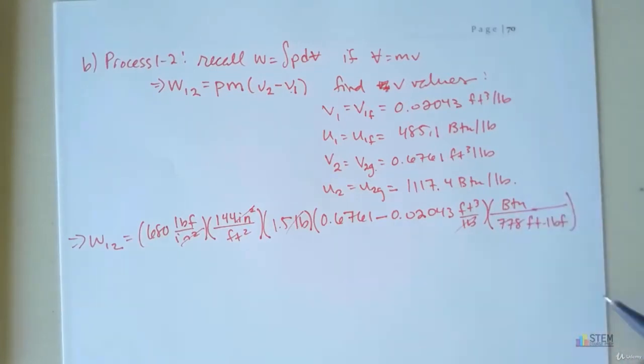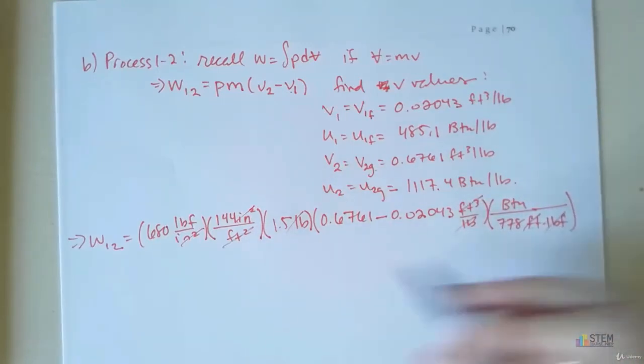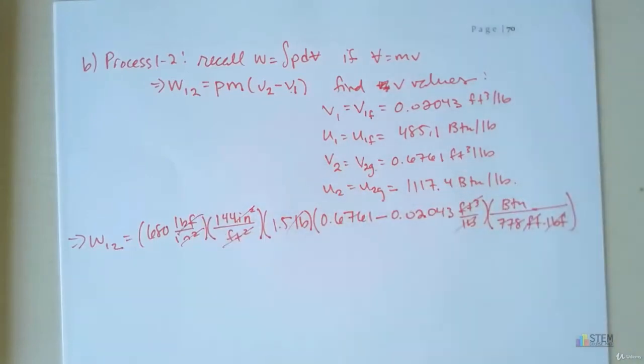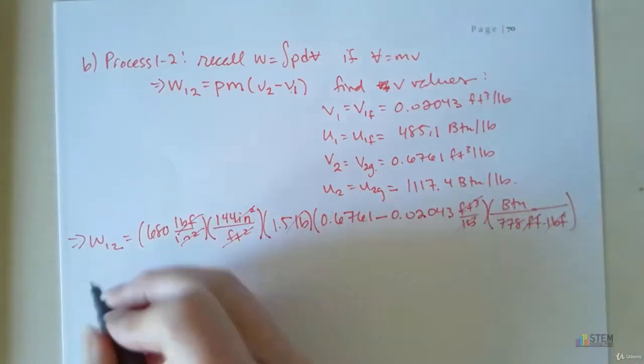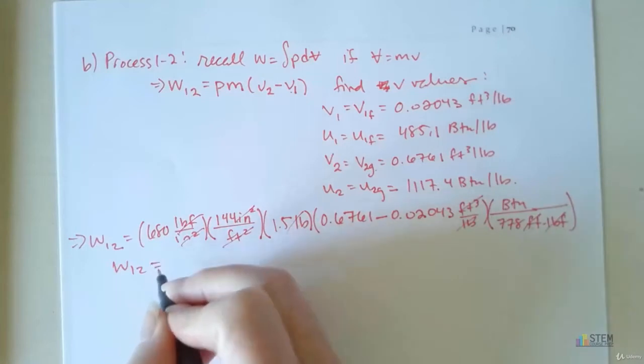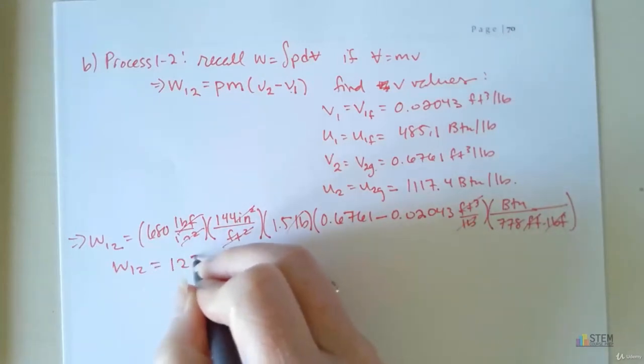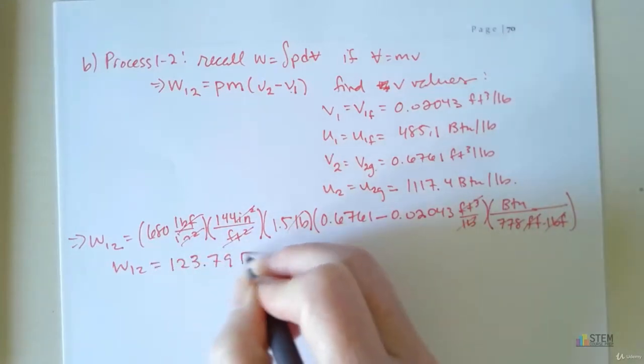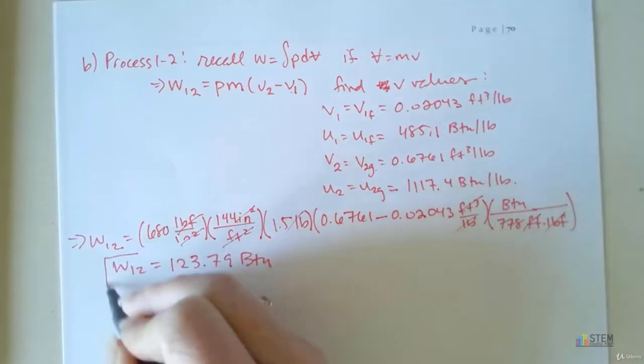That's our conversion. So now if you look at your units, this is going to take care of the cubic feet because this goes with this. And then pound force goes away, leaving us with BTU. So work for process 1-2 is a positive 123.79 BTU.